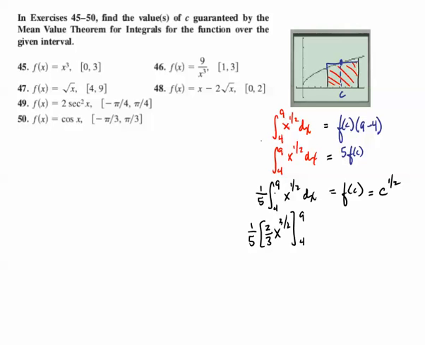And we're going to plug in. Again, remember how we evaluate a rational exponent at a particular value. We can take the square root first in this case. So the square root of 9 is 3. 3 to the 3rd power is 27. So we have 1/5.